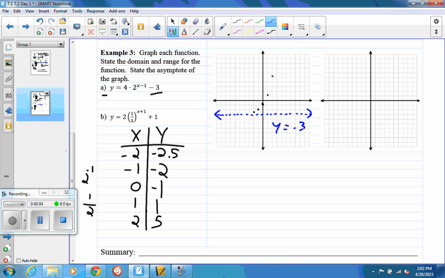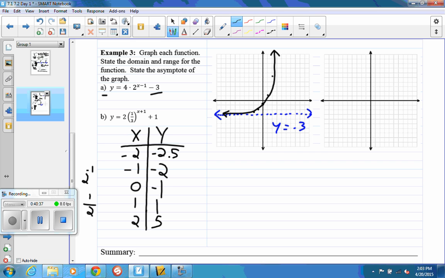Meaning I can go ahead and crudely draw it. And if you didn't know that -3 was K, Amelia did the right thing: plug in more numbers so you know what you're getting close to.